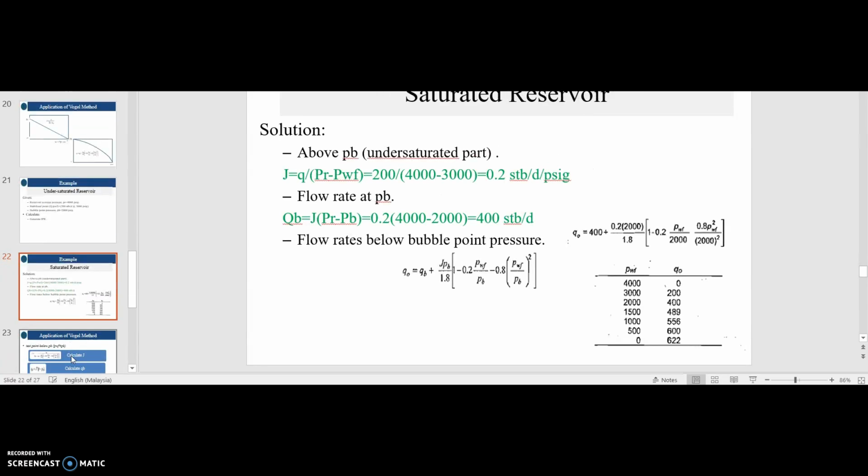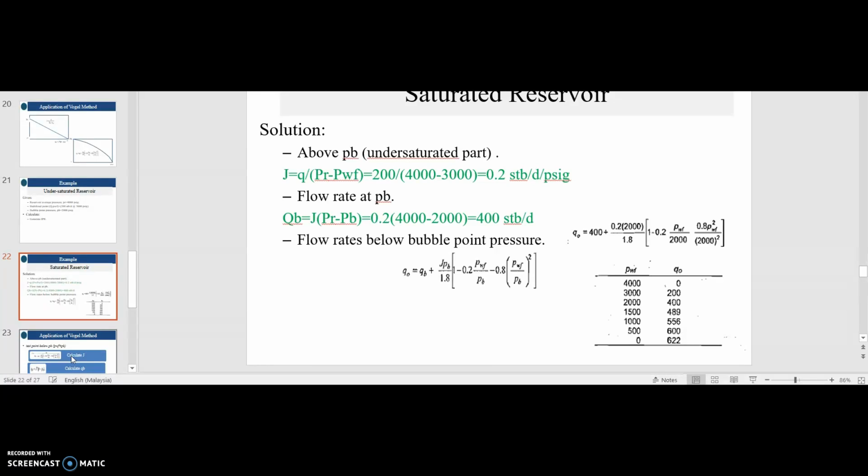Solution. Above bubble point, J equals Q divided by PR minus PWF. We have Q and PWF above bubble point. So when we introduce the values, we get J equals 0.2 stock tank barrel per day per psi. Then for the flow rate at bubble point, we use the J value calculated in the first step to get QB of 400 stock tank barrel per day.